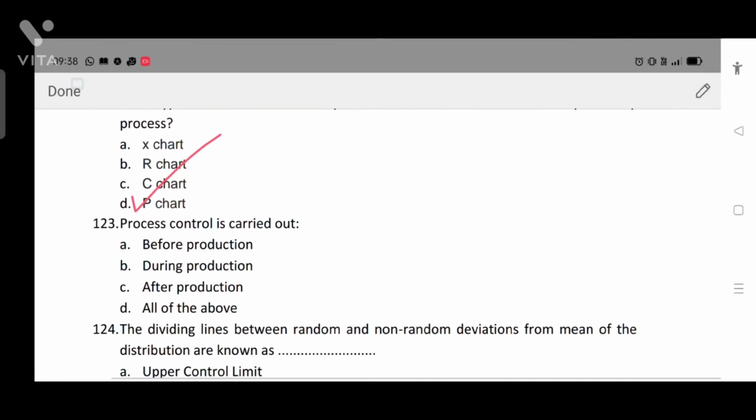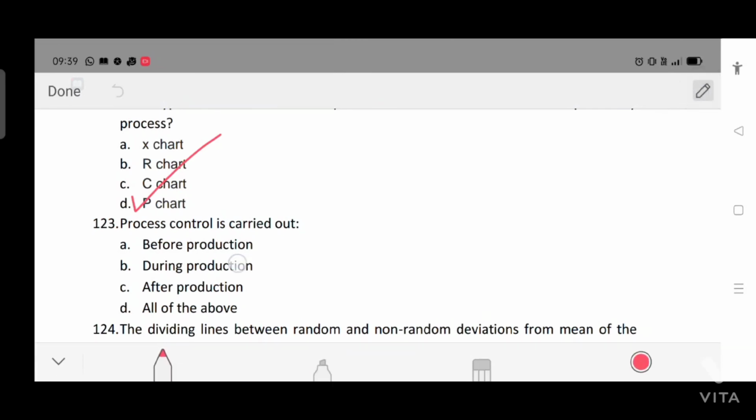The process control is carried out. It's a very, very important question. So many exams, this question, repeated question. Process control is carried out, A, B, C, D. B the correct answer. During production.